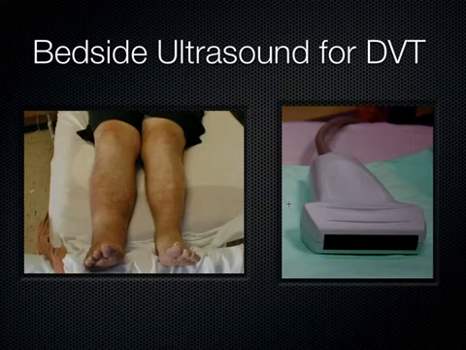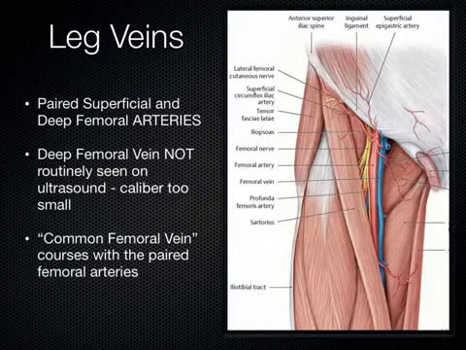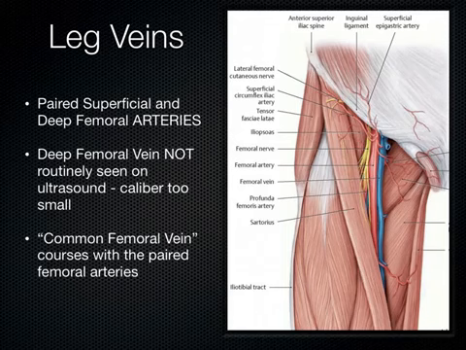So the way you assess for it is you take that linear probe and you compress, I'll show you where. So recall that the superficial and deep femoral arteries lie laterally, and the common femoral vein lies medially.